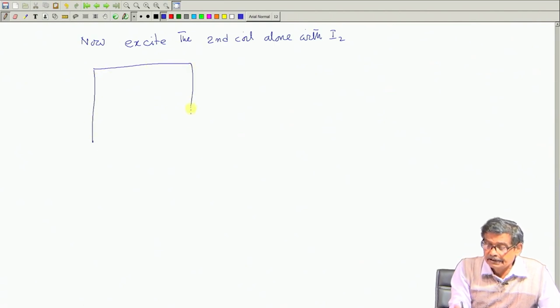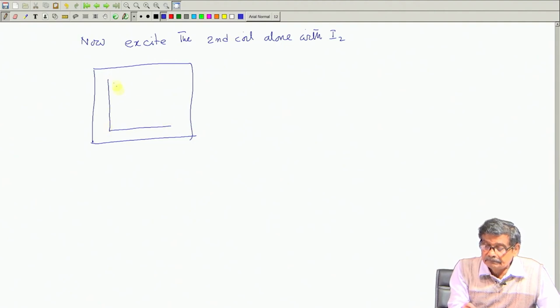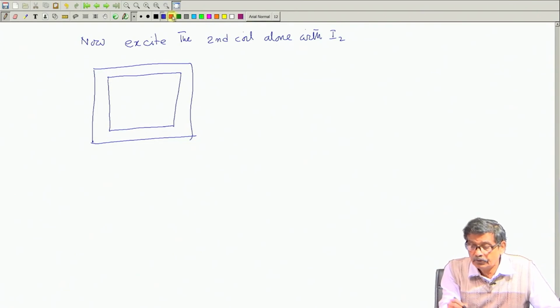So, this was the thing, this is the core, and there were two coils.